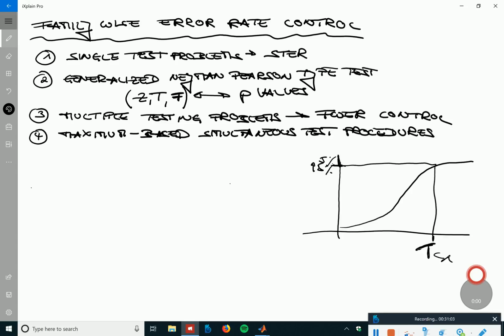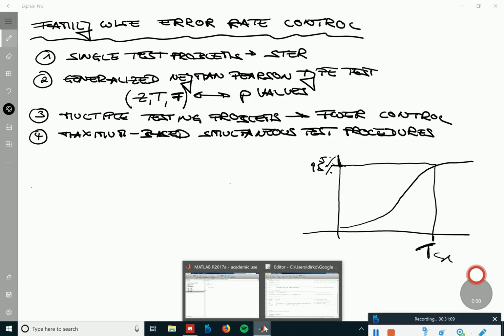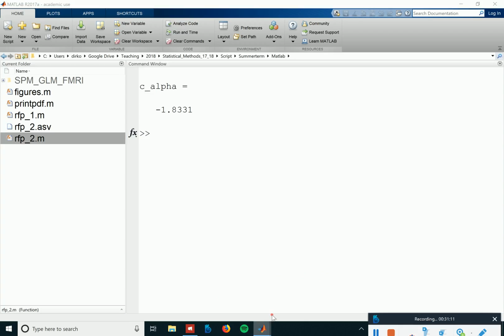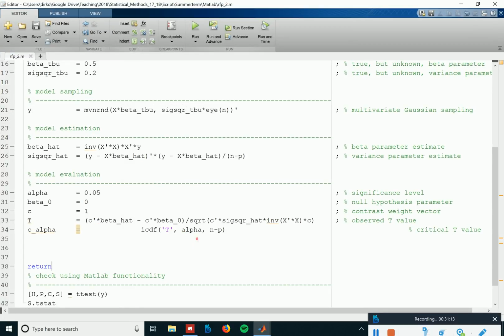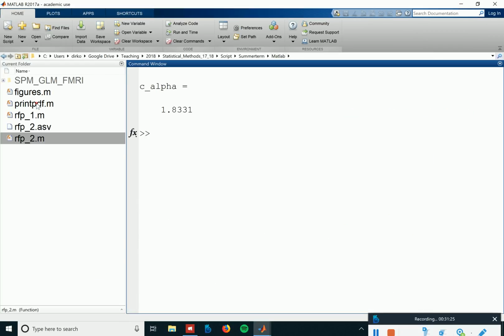So 1 minus alpha. Let's see. That looks more reasonable.